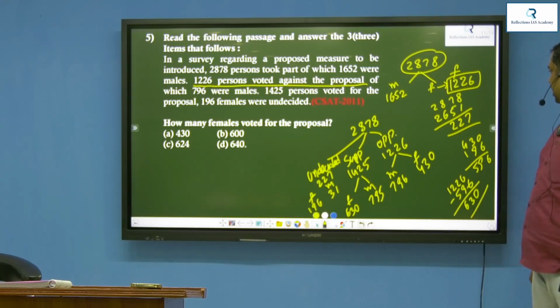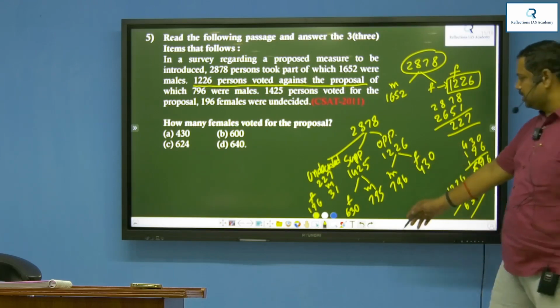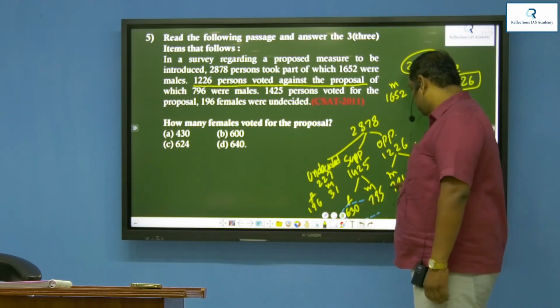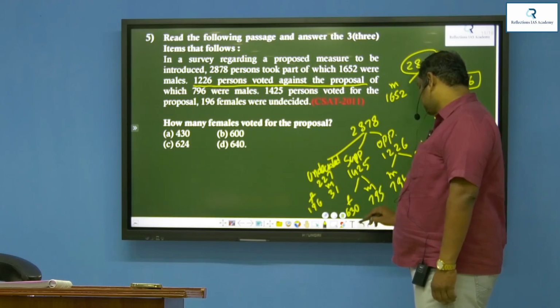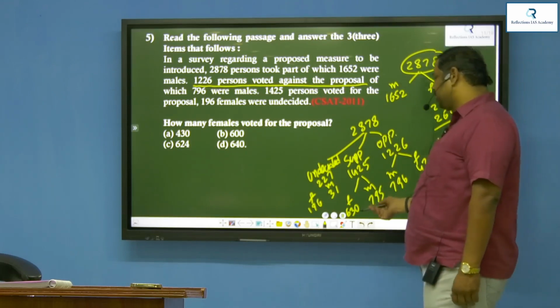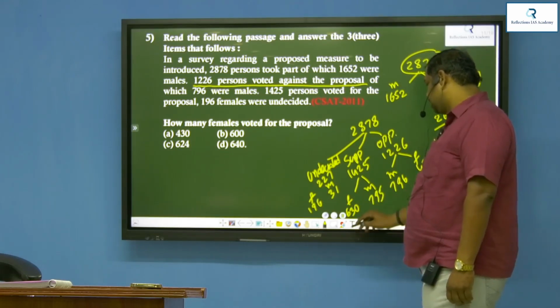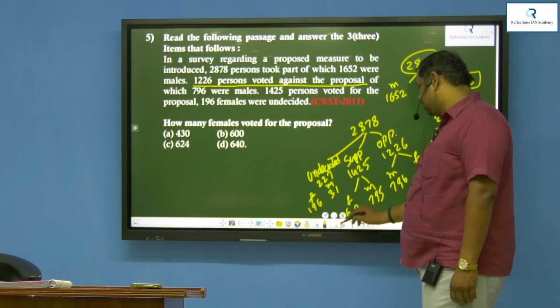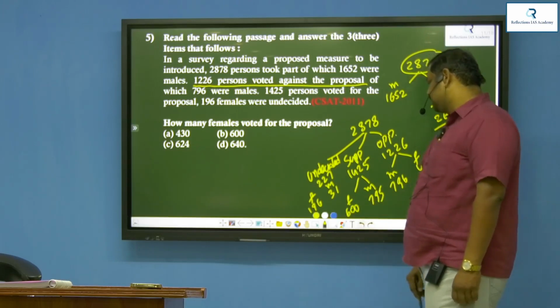430 plus 196. How much is it? Oh. 626. If it is gone means it is also gone. Where you are? How much I wrote? 596. 30 increased. 30 need to be reduced. Right? 30 need to be reduced means how much is it? 600.